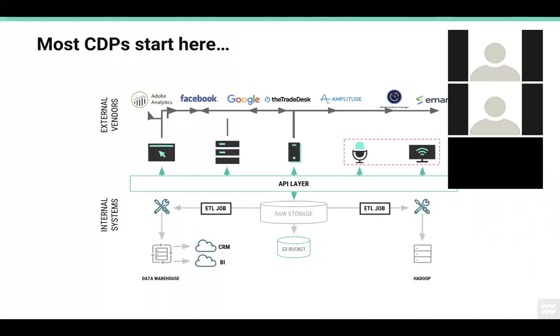Most CDPs, as I mentioned, start with a technology problem, and that's really a mistake on a number of levels. But the technology problem looks something like this. People look at their current technology architecture and they say, well, we have all these different external vendors, whether it's Adobe Analytics or Facebook or Google or some other analytics provider such as Amplitude, and a marketing automation system such as Campaign Manager or Marketo.